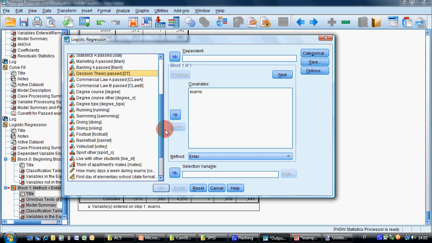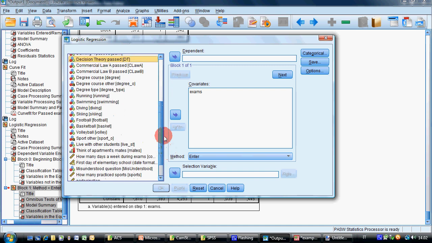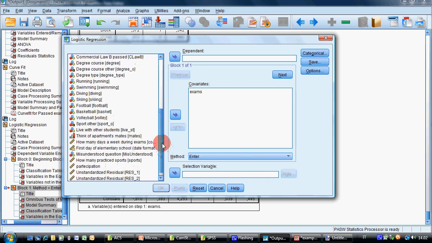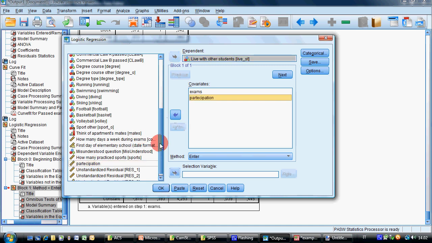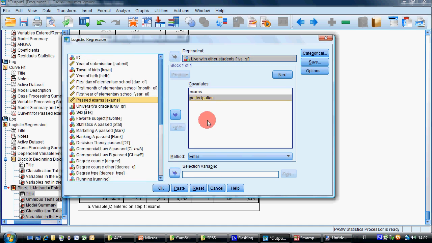Instead of decision theory, let's try living with other students, including participation, passed exams, and year of birth. So you can put also several independent variables. You can put also binary nominal independent variables here.